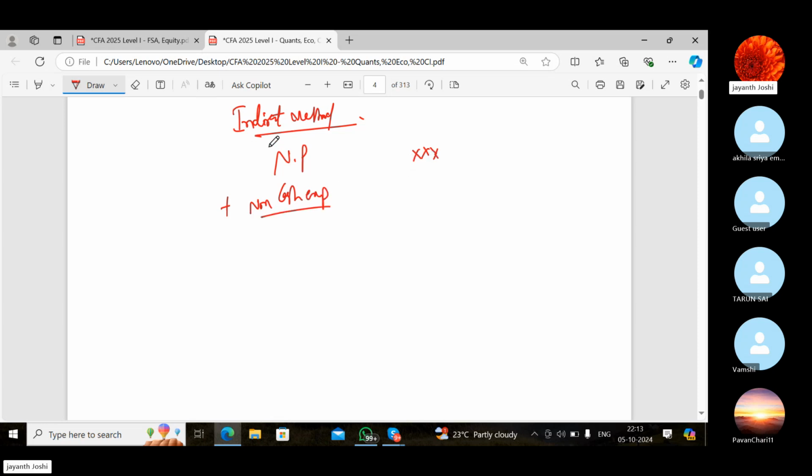See, our aim is to find what in the indirect method? Cash flow from operations. But we cannot get cash flow from operations directly. First, we will start with net profit, which we will take from the income statement. And then we will convert the net profit. So what do we need to do when we have to convert net profit to operating profit? All those expenses, I will just give you a small example. Just listen.